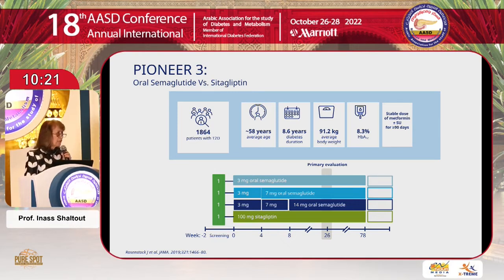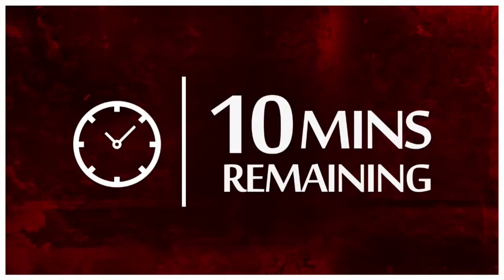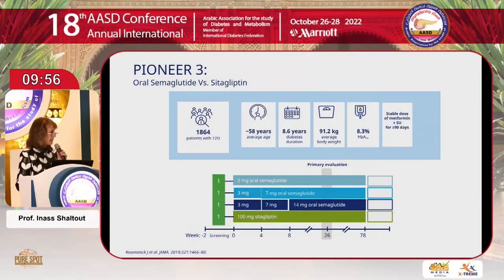We have 4 arms: one arm with 3 milligram oral semaglutide, the other arm 3 titrated to 7 milligram, the third 3 titrated to 7, titrated to 14 milligram oral semaglutide, and the fourth arm was 100 milligram sitagliptin, which is a powerful DPP-4 inhibitor.